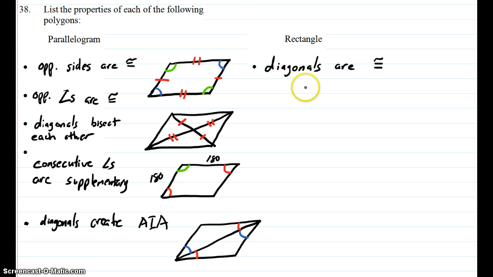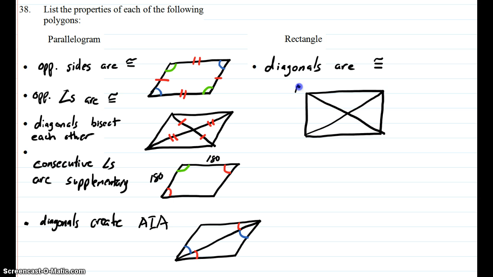So whenever we have a rectangle, we're going to know that segment AH is going to be congruent to segment MT. So the diagonals of a rectangle are always congruent.